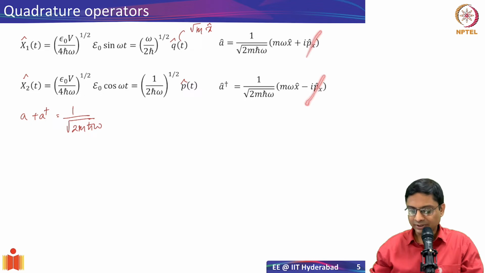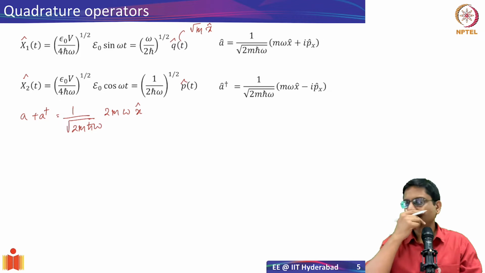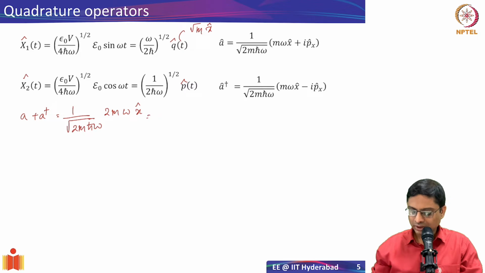What you'll be left with is 2m omega x cap, so the 2m omega goes out: the square root of 2m omega by h bar into x cap.